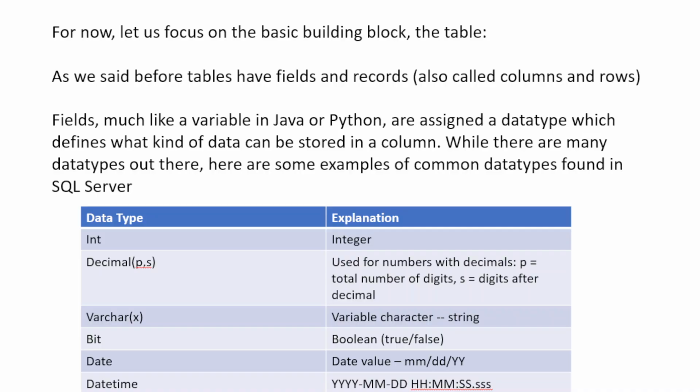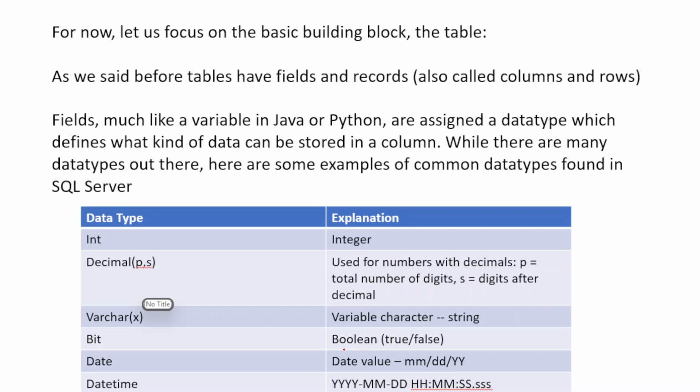Here's our decimal, where you would use P and S: P is precision, and S is your scale, the digits after the decimal. So if you put in 8, 2, you can have a number up to 8 digits long, and up to 2 of those digits can be behind the decimal point. Varchar is a variable string, and the X is just the number of characters you can have.